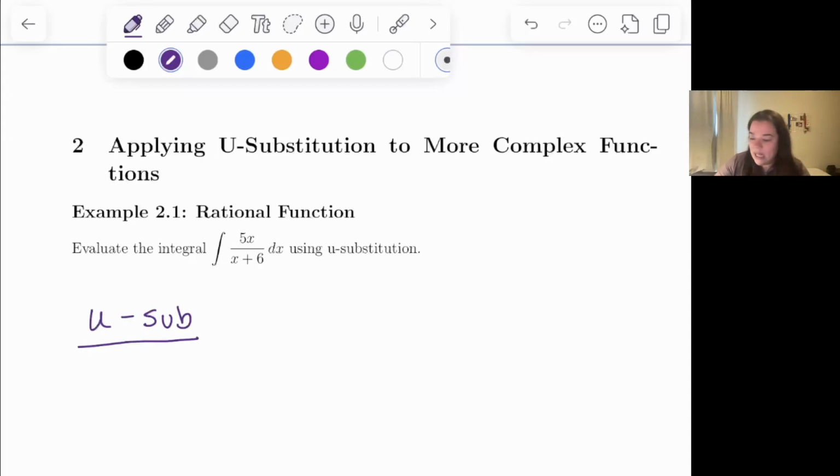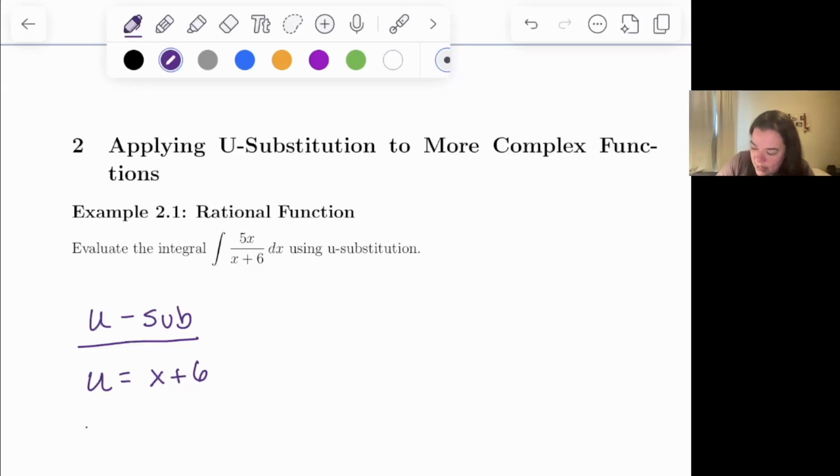This takes some wisdom at looking at the denominator and saying, I'm going to do a u substitution for that denominator. I'm going to let u equal x plus 6. Again, this just takes wisdom and experience.